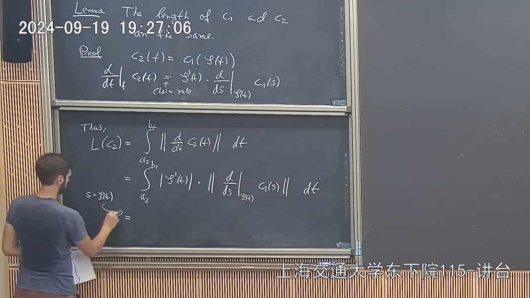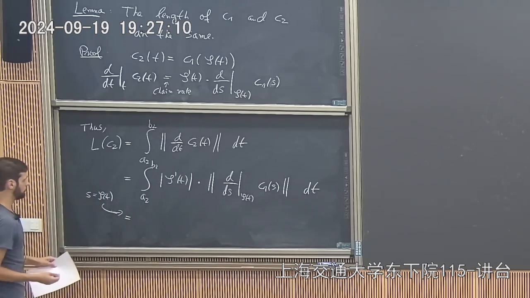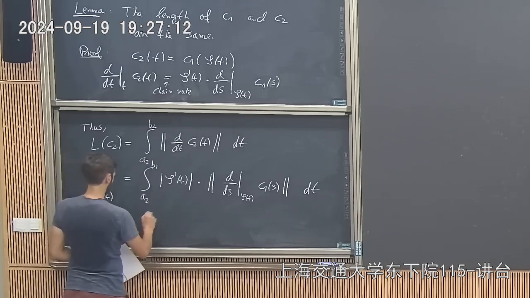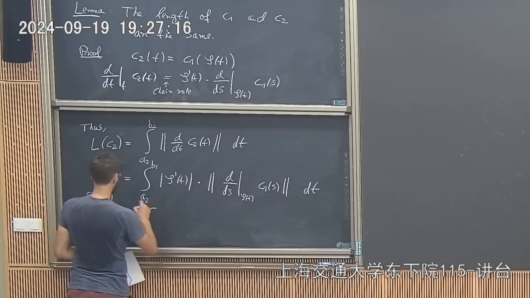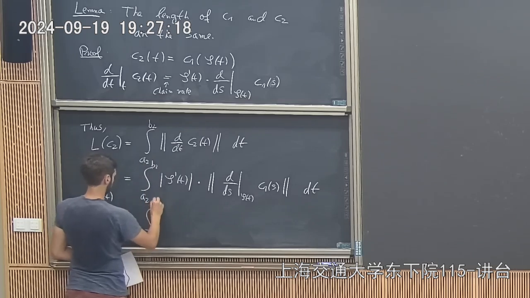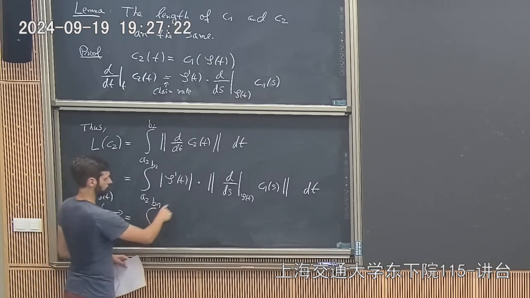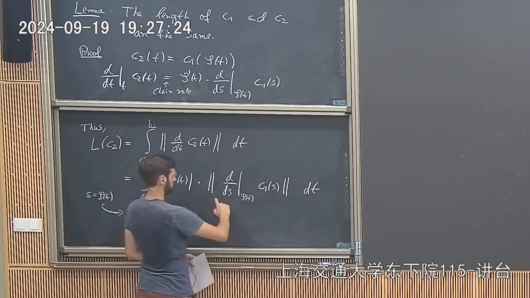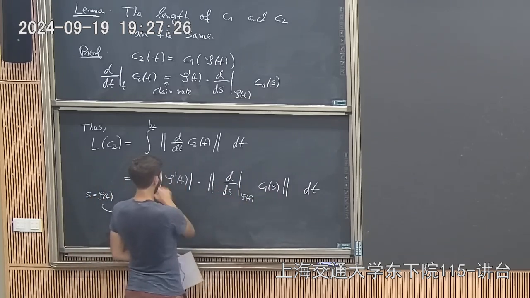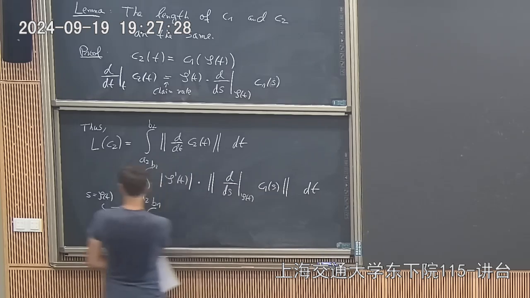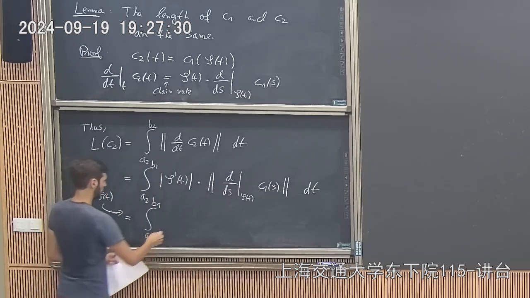If you change the integration to S, you have to plug in the boundaries, which gives exactly A1 here, and then the phi prime of t comes out.